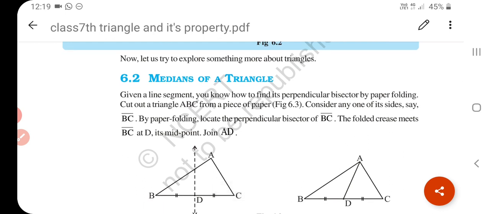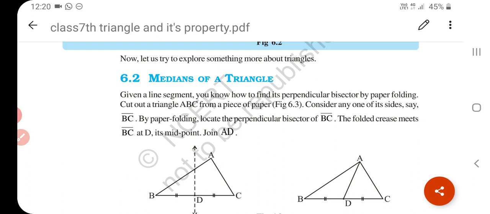Now, median and altitude of a triangle. What is the median of a triangle? A straight line that joins a vertex of a triangle with the midpoint of the side opposite to it is called the median of the triangle.